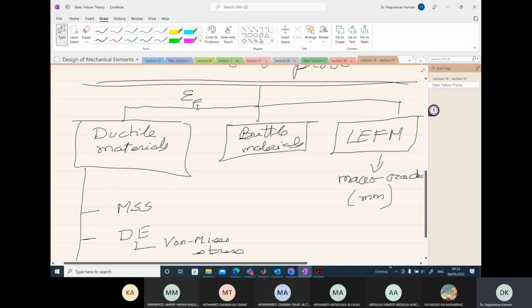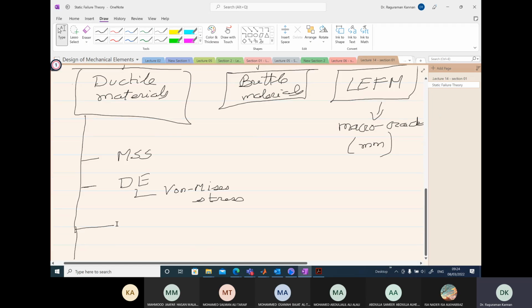Based upon the cutoff value of the fracture strain, we will classify: if it is greater than, let's say, 0.05 or 0.005, whatever the value, then it is a ductile material. Otherwise, it is a brittle material if it is lesser.